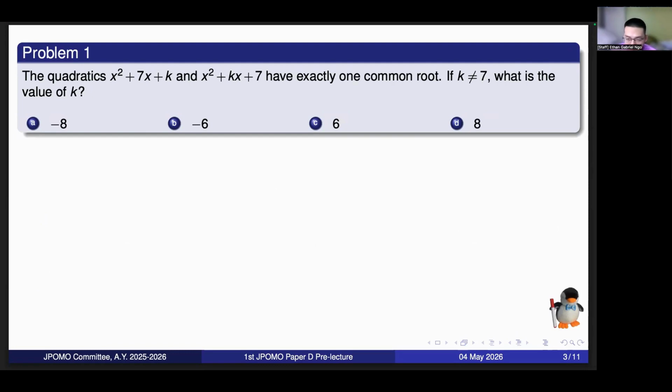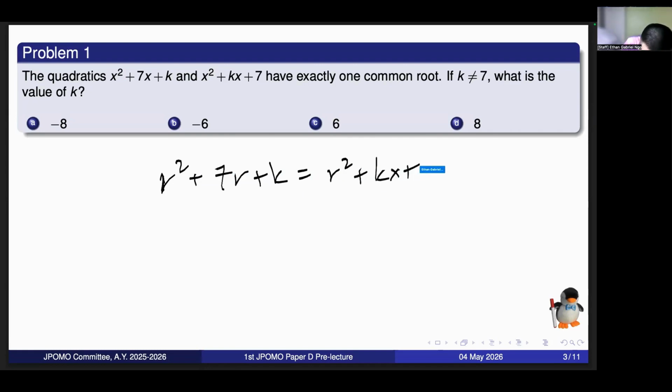So as one of you said, let the common root be r, which means that our equation would be r squared plus 7r plus k equals r squared plus kr plus 7. And then the next thing we will do is subtract r squared from both sides, which gives us 7r plus k equals kr plus 7.